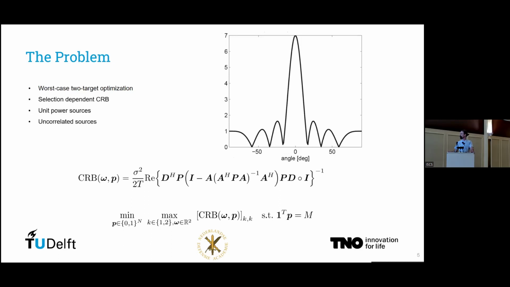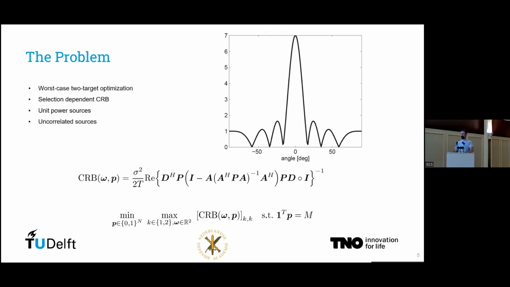Yes, this is a matrix, a 2x2 matrix in this case, because we're looking at the two target design. Here for the cost function where we plug this in, we say the kth diagonal elements. The worst kth diagonal element is the one we want to be optimizing, so it's the worst case.